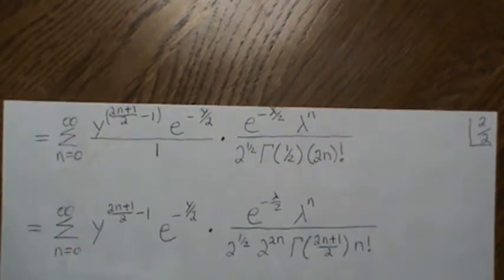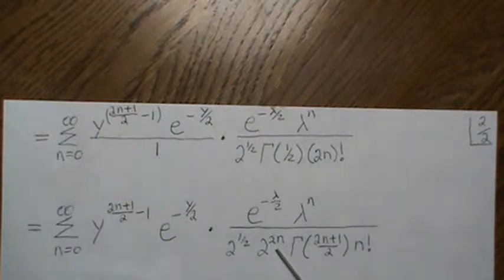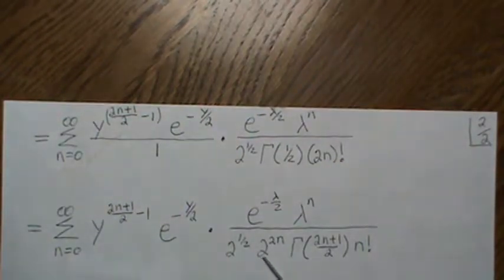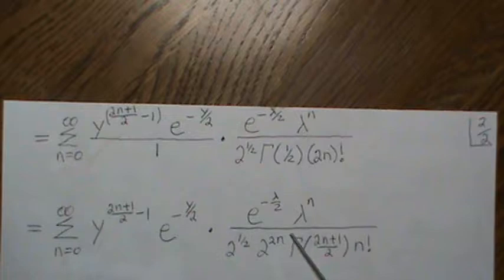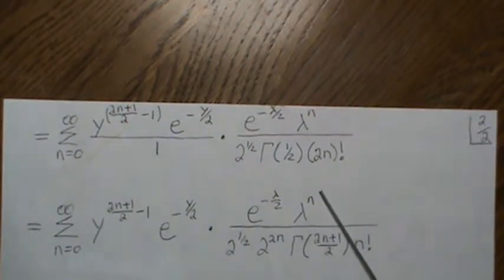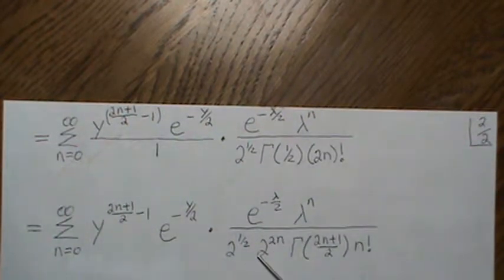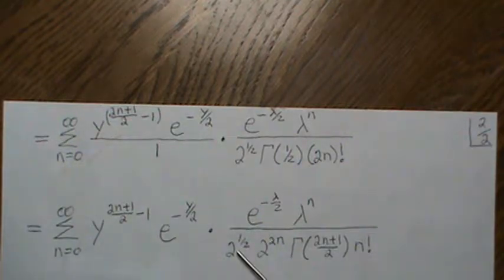Okay, now the 2 to the 2n can be thought of as 2 raised to the n times 2 raised to the n, because then when you combine them you get the n plus n, which is 2n. But if we separate them, so we keep it 2 to the n times 2 to the n, one of those 2 to the n's can be combined with this one to make it lambda over 2 to the n, and then the 2 to the n and 1/2 can be combined.